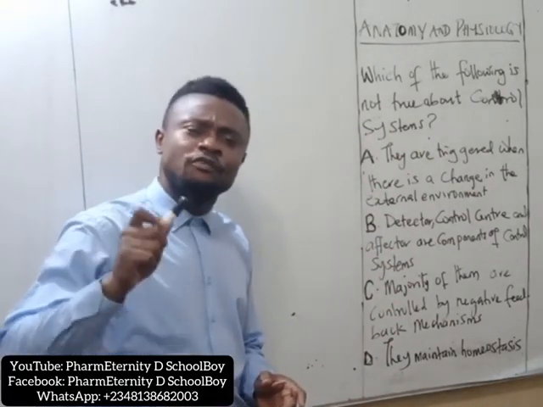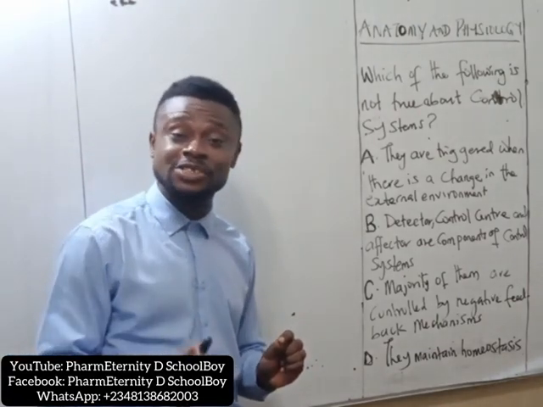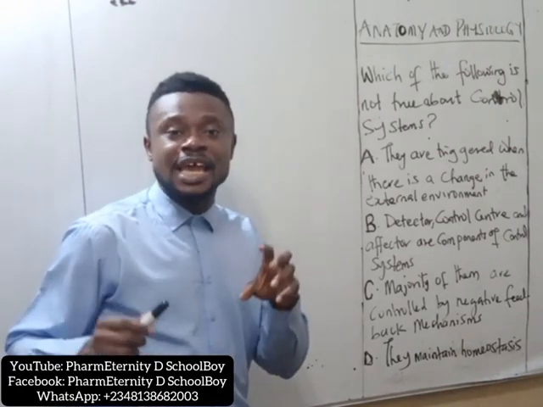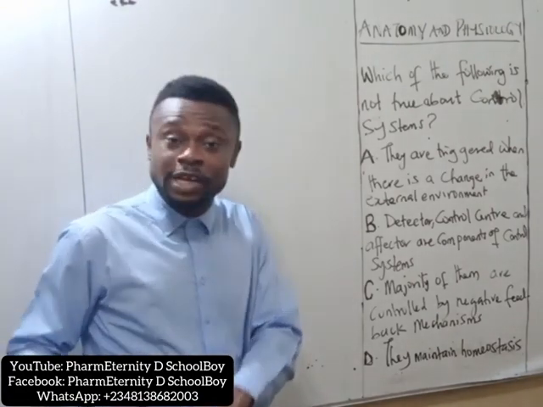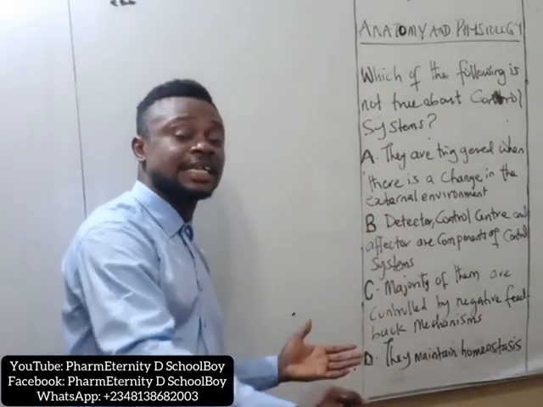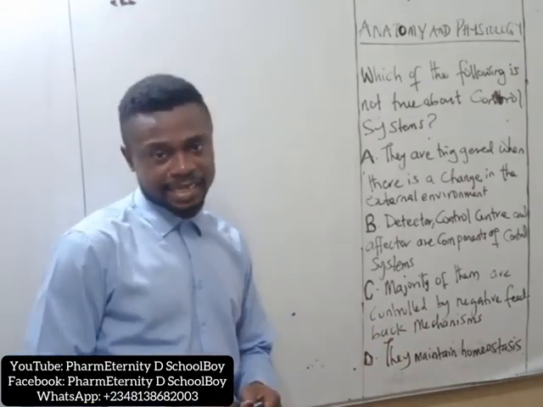Now, because of this exchange of material, if care is not taken, there may be accumulation within the cells, or there may even be accumulation outside the cell. Either way affects the cell.